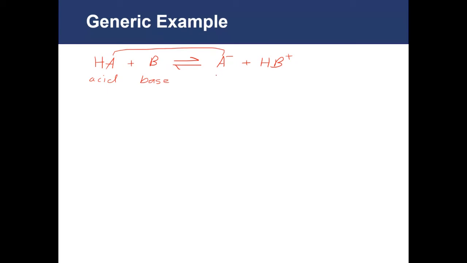Because this now has one less proton, this is our conjugate base. And this, because it has picked up a proton compared to the base, this is our conjugate acid.